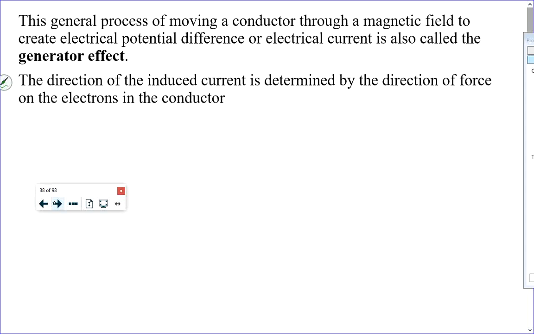And we still haven't gotten to Lenz's law. We're a ways away. But wait. So what is this? Is this a motor or is it a generator? It's both. This is a motor or a generator.